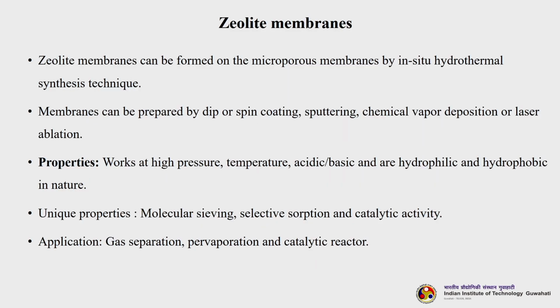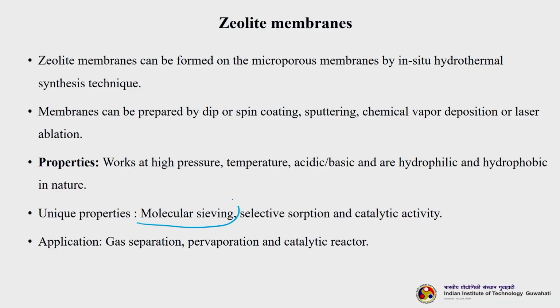Zeolite membranes can be formed on a microporous support by using an in situ hydrothermal synthesis technique. Membranes can be prepared by dip or spin coating, sputtering, chemical vapor deposition or laser ablation. The properties are that they work at elevated pressure and temperature, they can withstand harsh acidic and basic conditions, and they can be hydrophilic or hydrophobic in nature.